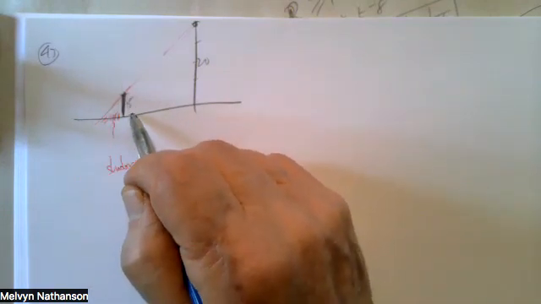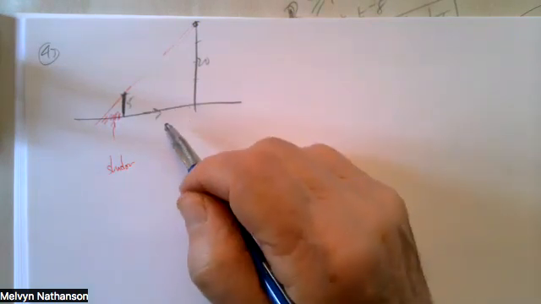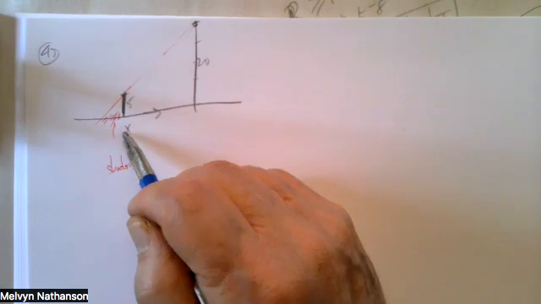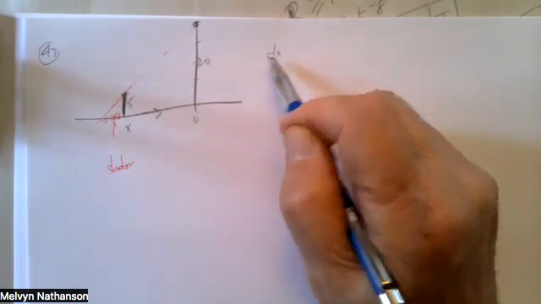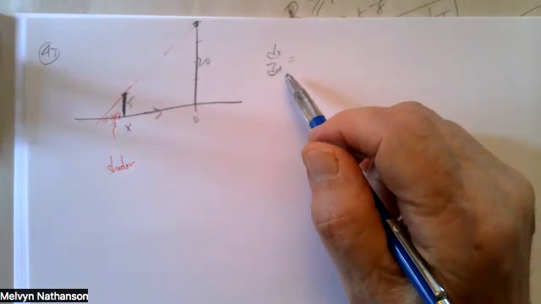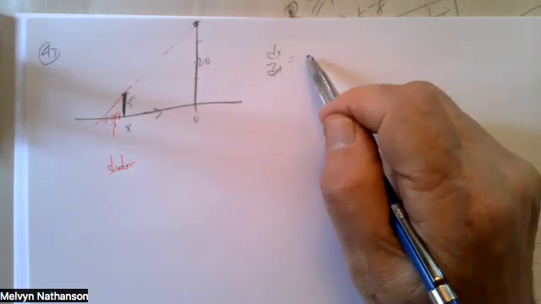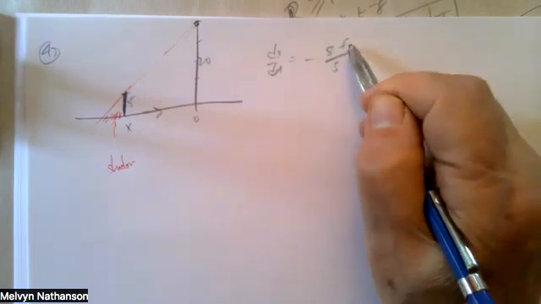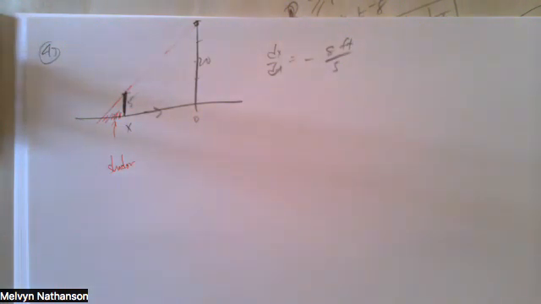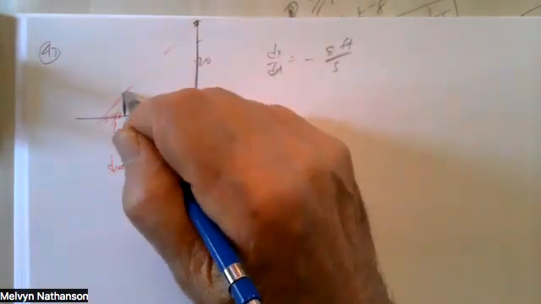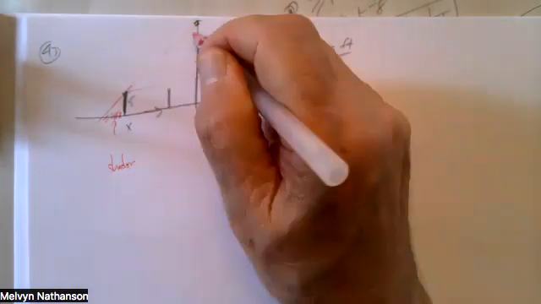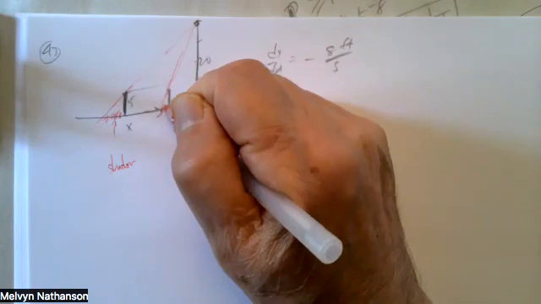But this woman isn't standing still. She's walking towards the street light. Let's say the distance from the street light is x. So dx/dt is decreasing at a rate of 8 feet per second. And as she gets closer, like when she's here, now this is her shadow.